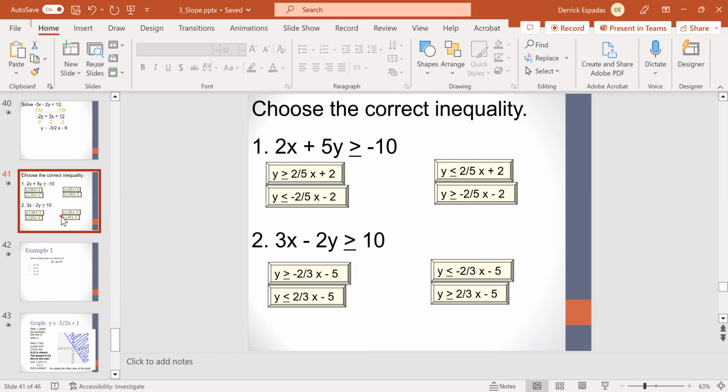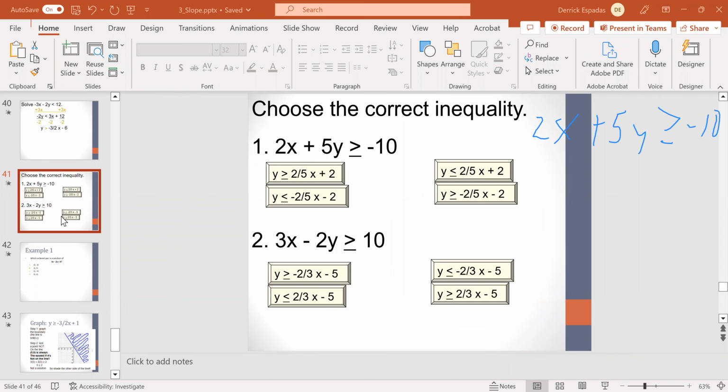And so we'll take a look at that first one. So 2x plus 5y is greater than or equal to negative 10. So we're going to start off with drawing that on there. So 2x plus 5y is greater than or equal to negative 10.